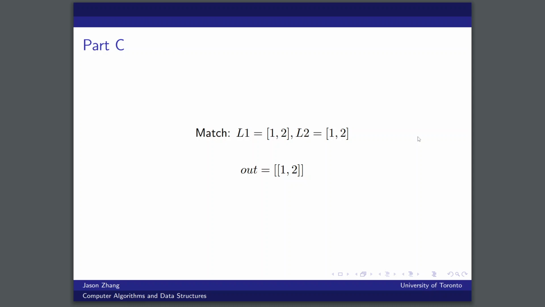So here's an example of our function working. So let's say L1 and L2 are a perfect match, then our out list should just have one list in it, since L1 and L2 are the same.